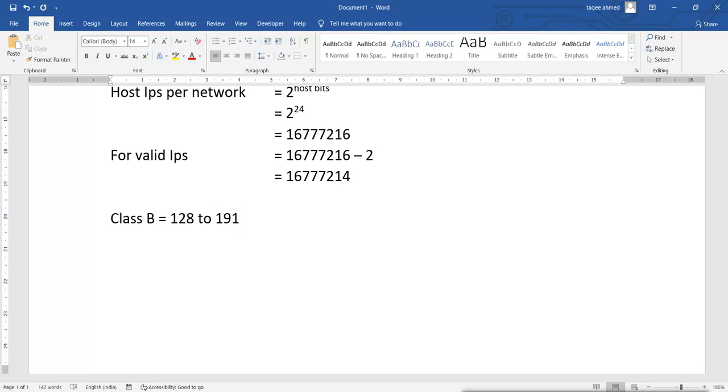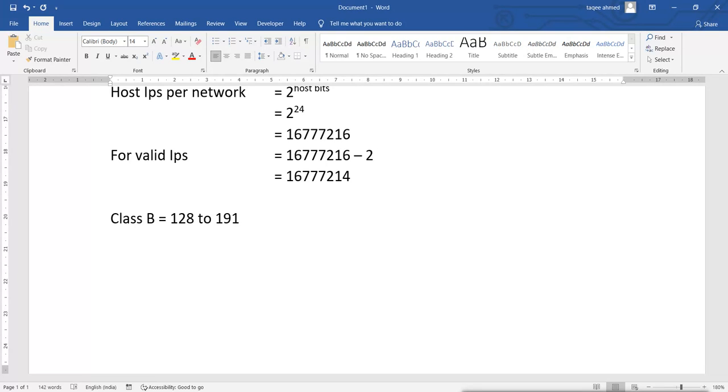Now here there is no reserved network, no network for the default route, no network for the loopback. It is only in class A. Now we can use these. This is the valid range that we can use, 128 to 191.